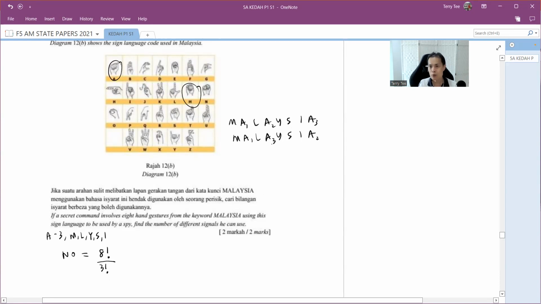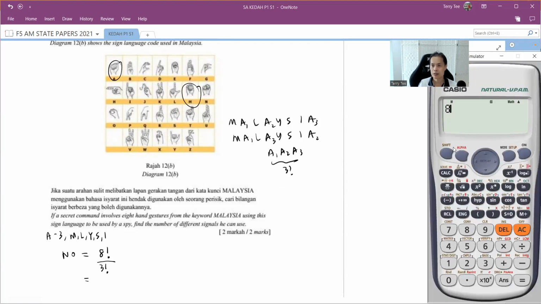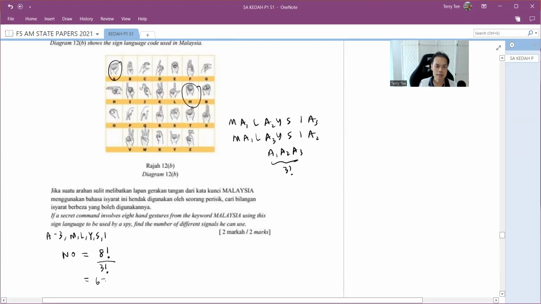So we would have additional arrangements. In fact, we have 3 factorial different arrangements, because there are 3 factorial ways to arrange A1, A2, A3. That's why when you have identical letters, you always have to divide by the number of times the identical letter appears. So here I take 8 factorial and divide by 3 factorial. My answer is 6720.